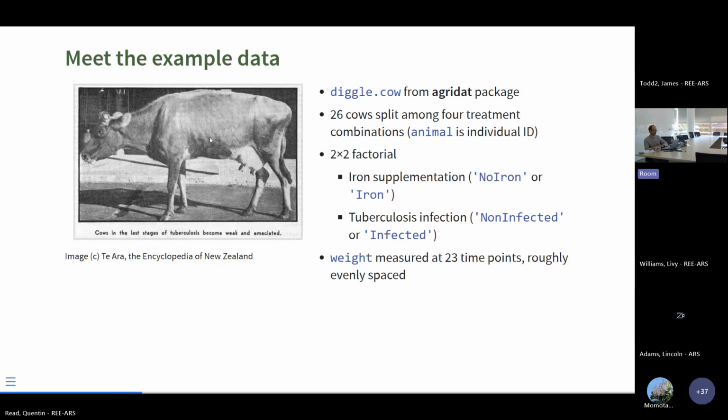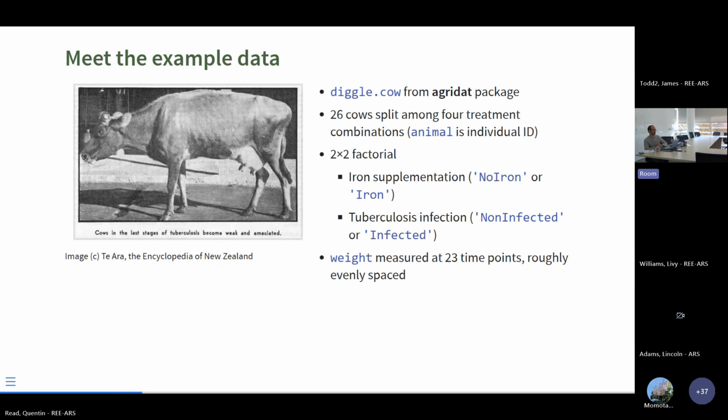Here's a picture of a cow that's not doing so hot. They're infected with tuberculosis. They were trying to look at whether iron supplementation could be used to mitigate the negative effects of tuberculosis on weight gain.